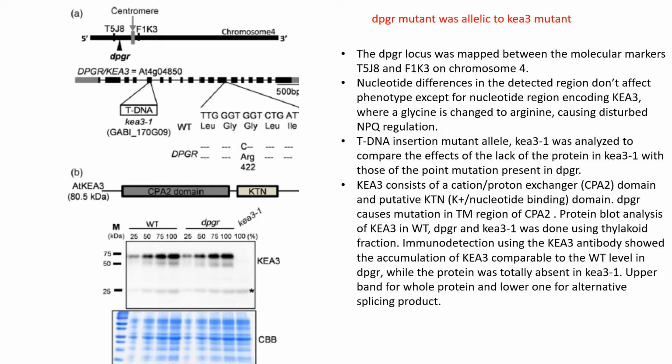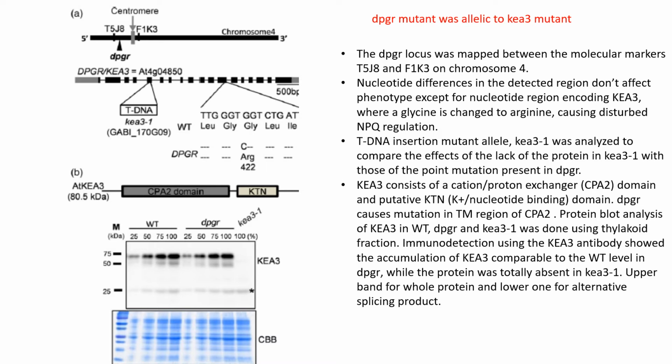One such difference was also seen in the nucleotide region that encoded the KIA3 protein, in which, due to the change of a specific nucleotide base, the protein encoded by this part had an amino acid change from glycine to arginine, and this change could cause the disturbed NPQ regulation.